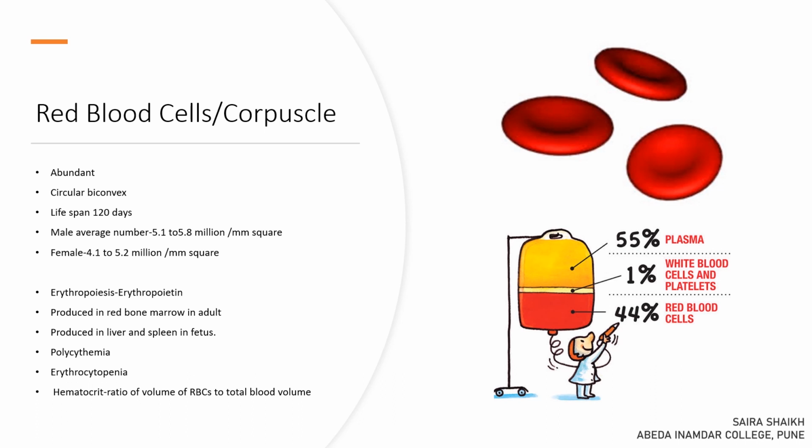When the RBC number in the blood is increased above its normal value, the condition is called polycythemia. Or if the RBC number is reduced below the normal number, the condition is called erythrocytopenia. These are the two abnormalities related to the RBC cell number.